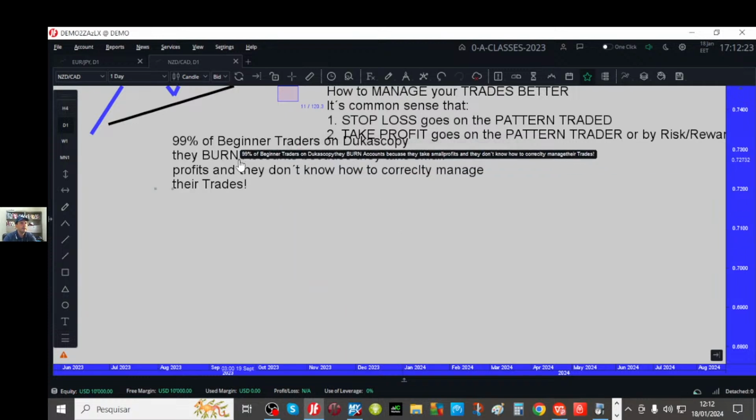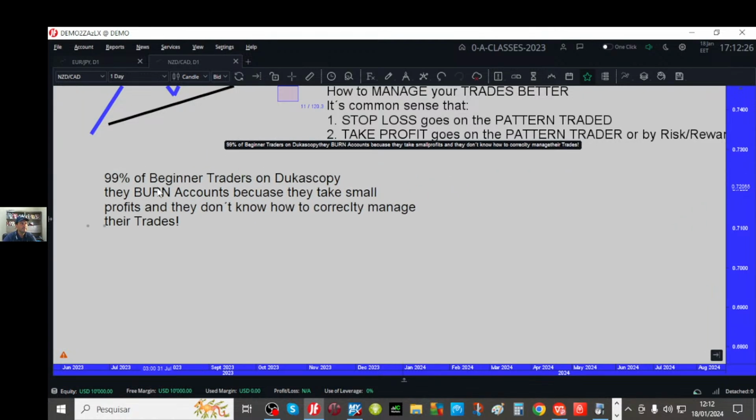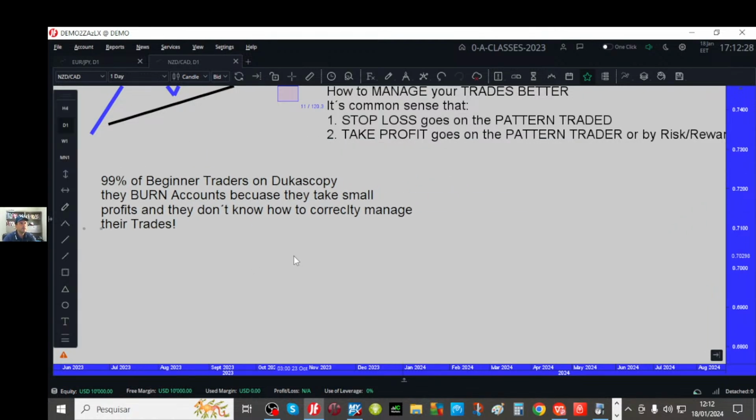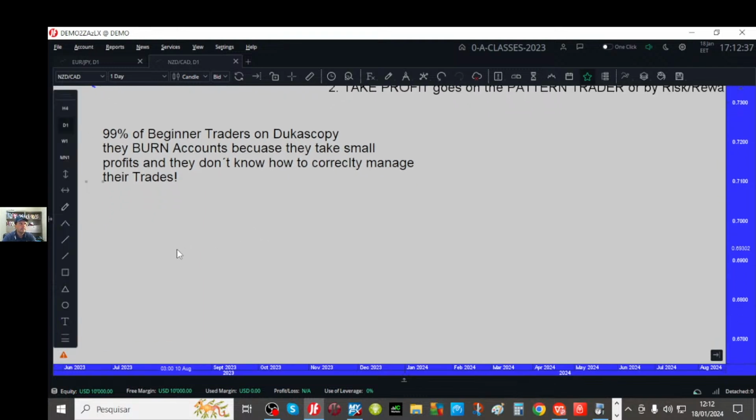Good news, we are talking about the skill. 99% of beginner traders in Dukascopy burn accounts because they take small profits and they don't know how to correctly manage their trades. Everybody, would you like to learn how to correctly manage your trades?